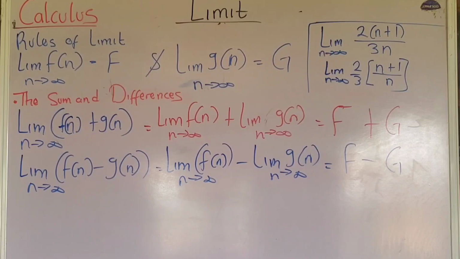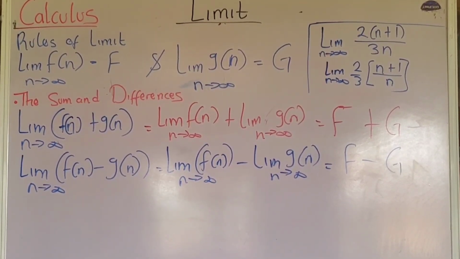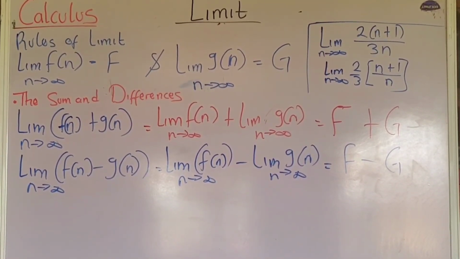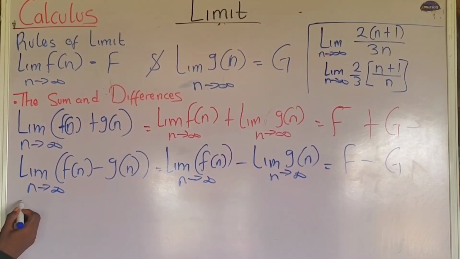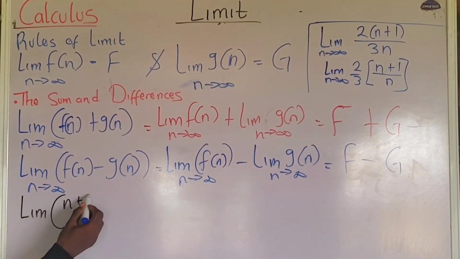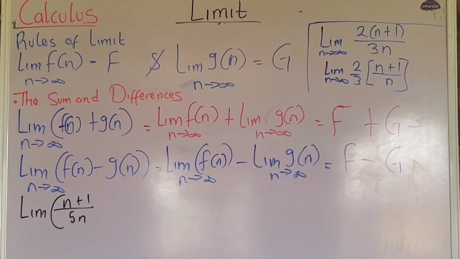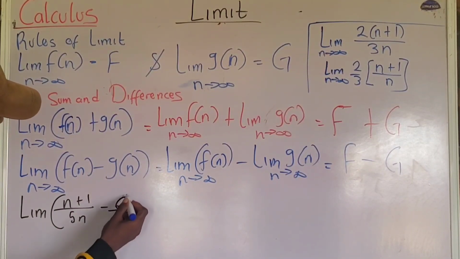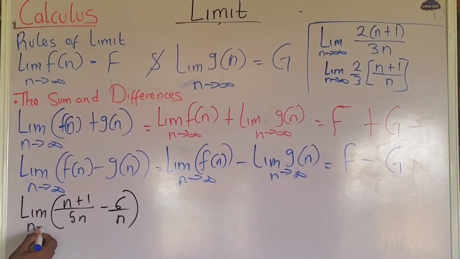Let's say you are asked to, please pay attention, take the limit of this function: limit of n plus 1 all over 5n, minus 6 over n, as n tends to infinity.